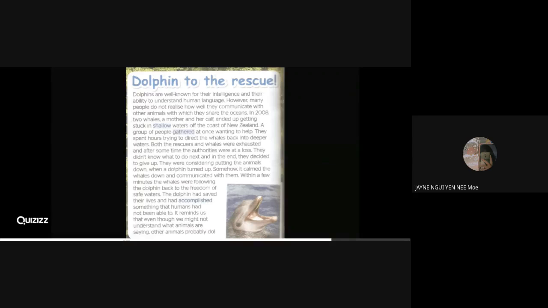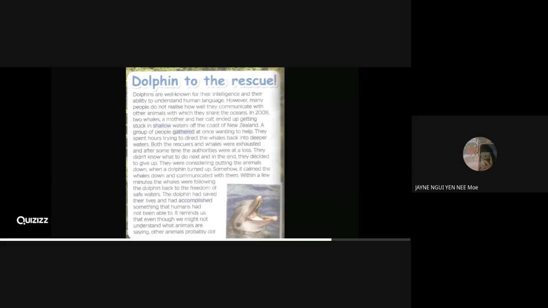In 2008, two whales, a mother and her calf, ended up getting trapped in shallow waters off the coast of New Zealand. A group of people gathered at once, waiting to help. They spent hours trying to direct the whales back into deeper waters.